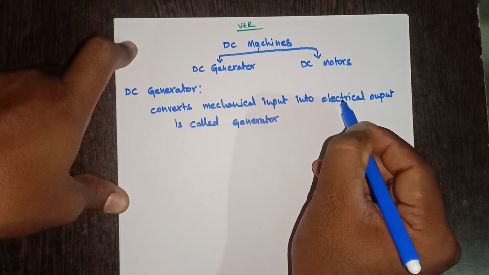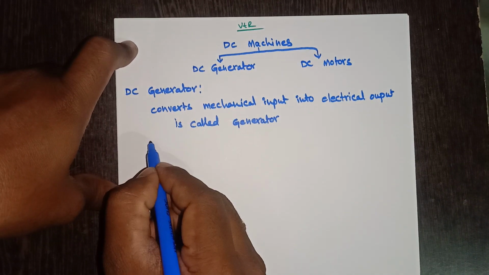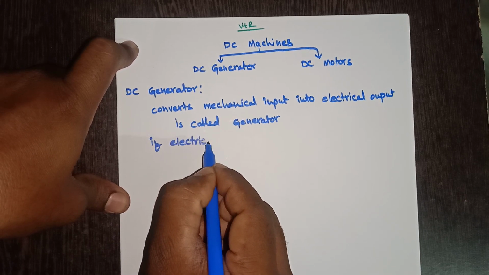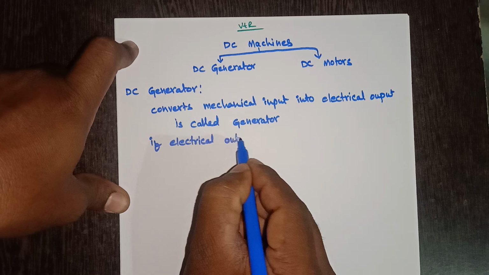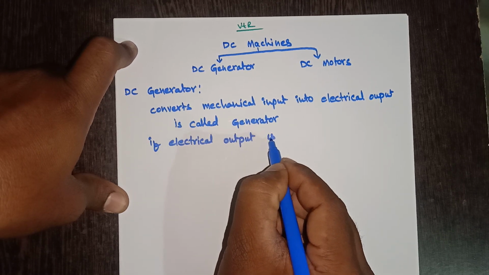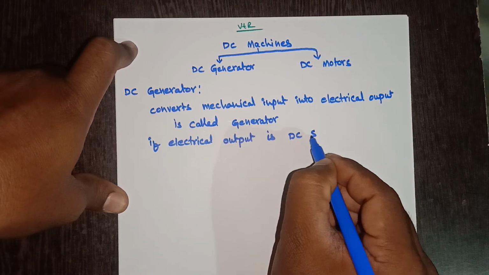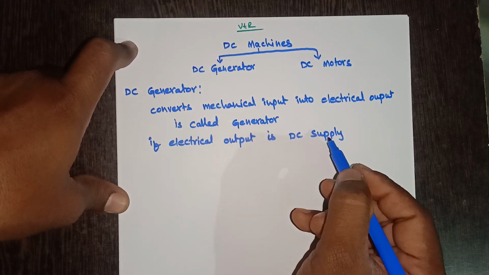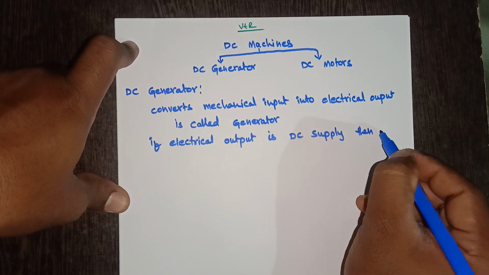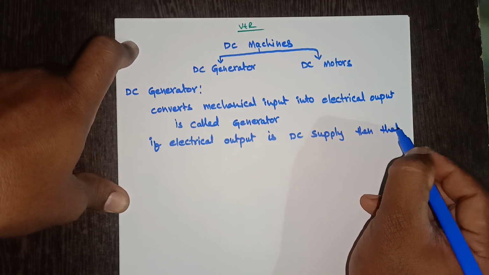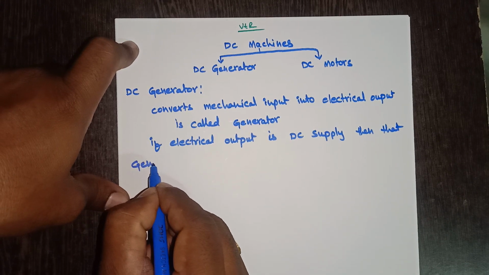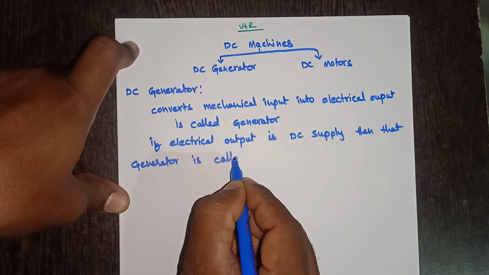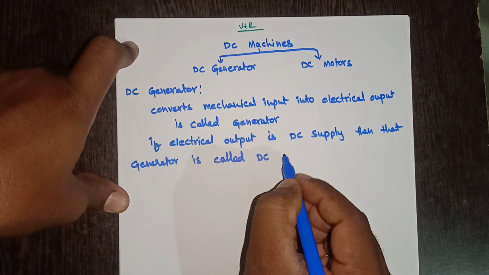If this electrical output is a DC supply, DC meaning direct current supply, then the generator is called a DC generator.